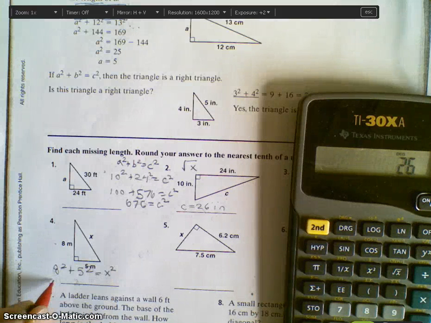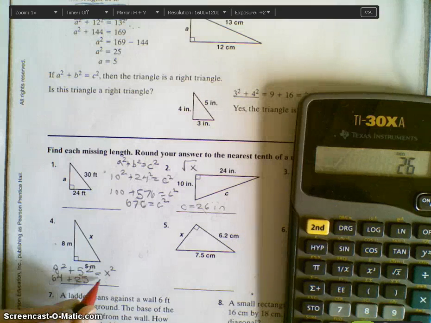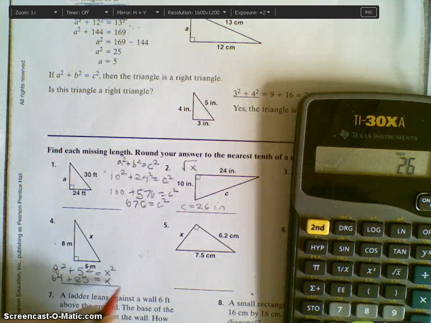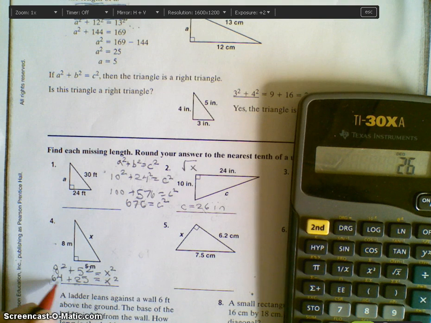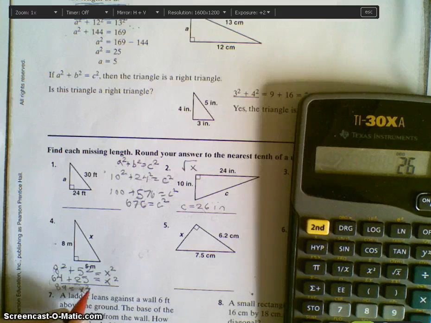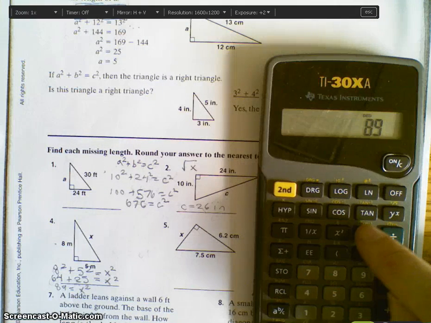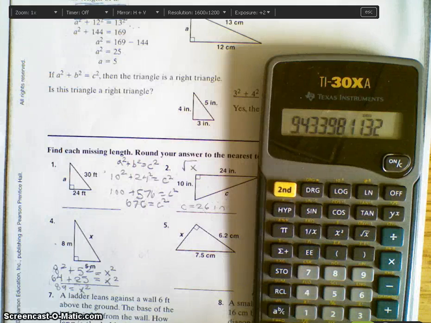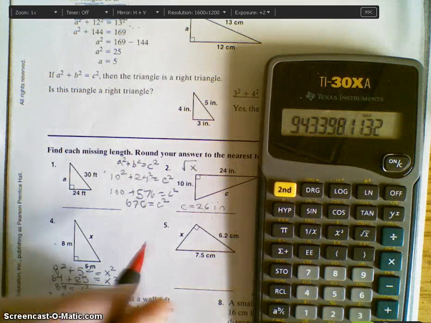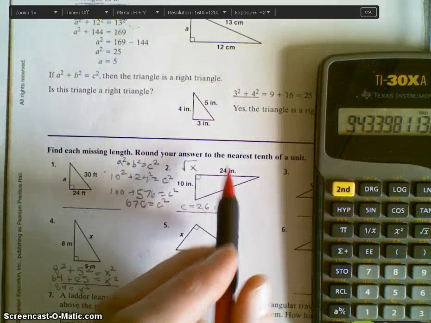So this is going to be 64 plus 25 is equal to x squared. So that's just going to be 89 is equal to x squared. So I'm just going to plug that into my calculator, 89, hit that radical x button, and it ends up with that as an answer. I read up here, it says to the nearest tenth of a unit.